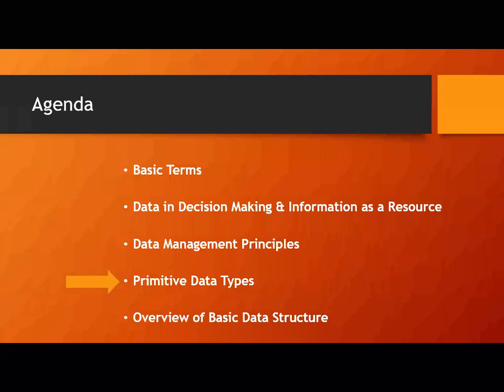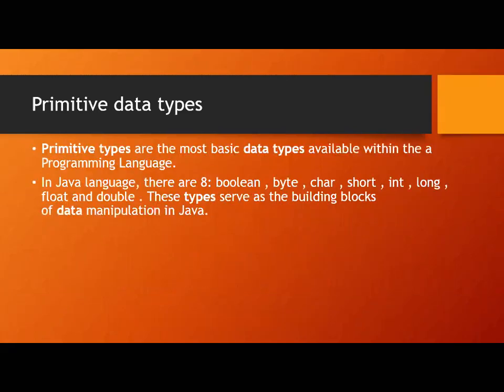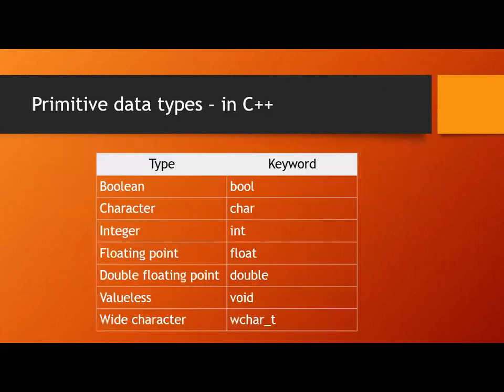Boolean, char, int, float, and double. Very good. So these are some of them that we have in C++. We have Boolean, char, int, float, double, and all of those.